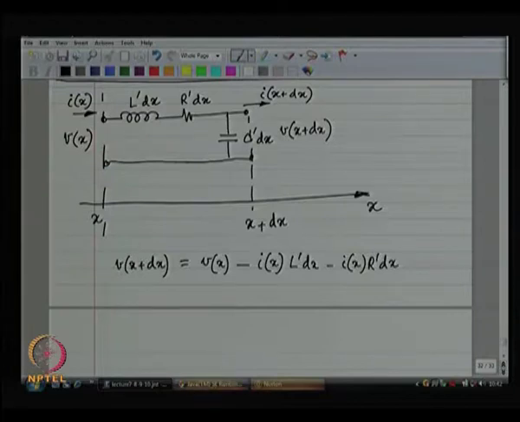And the second important thing to observe is I of x plus dx is equal to, so some portion of the current is I of x minus, oh, I made serious mistakes.